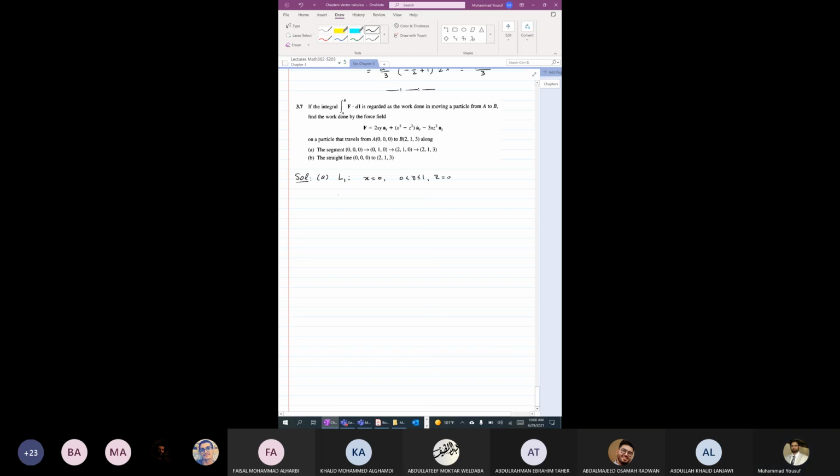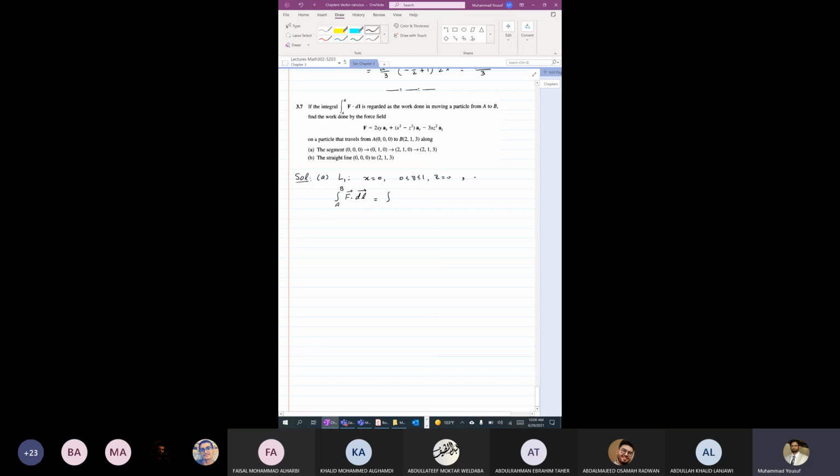So the integral from A to B of F dot dl, where F is a vector, so dl should be a vector. Since x is 0, dx is 0.